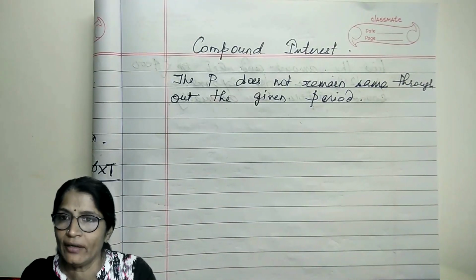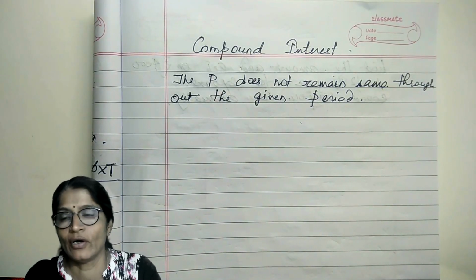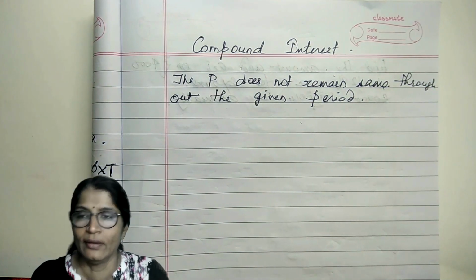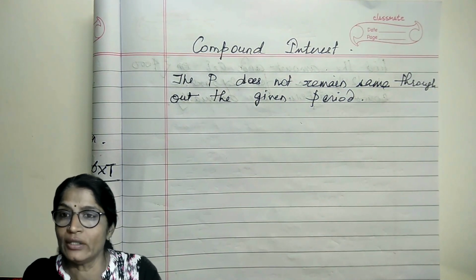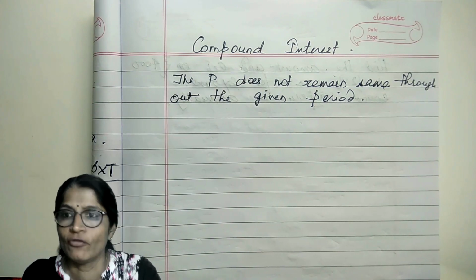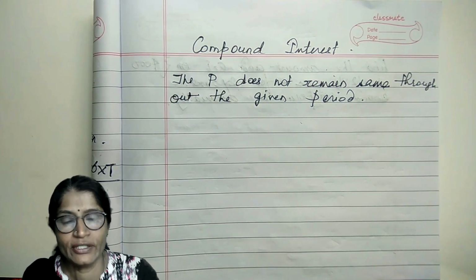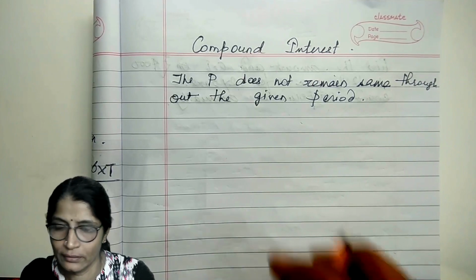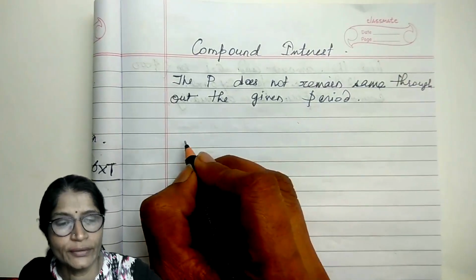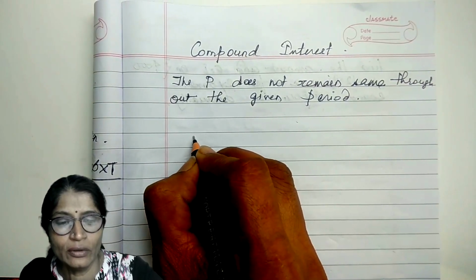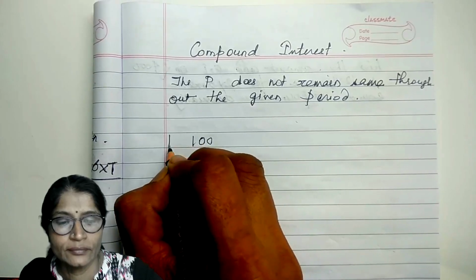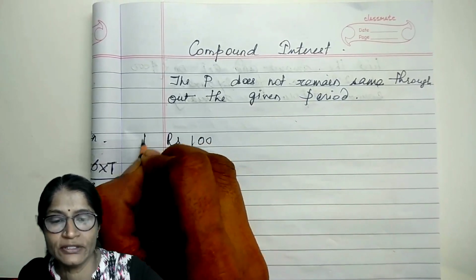Suppose I have borrowed rupees 100 from my friend, on the basis of simple interest for 2 years at the rate of interest 10%. What I told you is how much I have borrowed: 100 rupees. That is the principal.